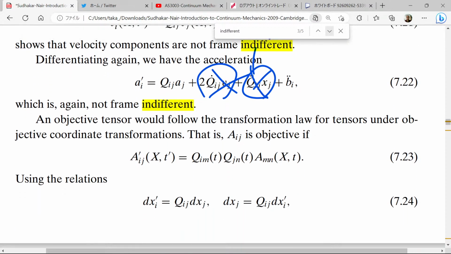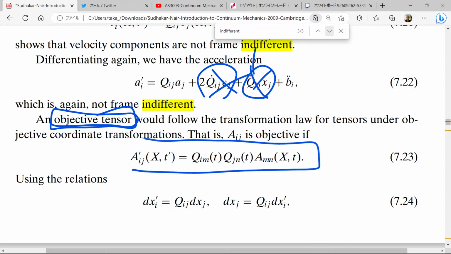An objective tensor follows the transformation law for tensors under objective coordinate transformation. That is, A is objective. See, this is a definition of an objective tensor. An objective tensor is such a tensor that follows this relation.